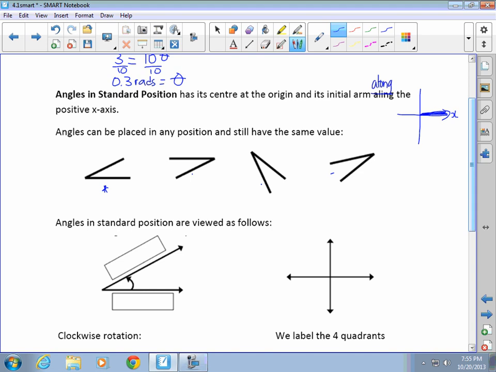An angle in standard position is viewed as the following. This side here is called the terminal arm. That's where the angle ends, terminal, think of terminal as an endpoint. This bottom one is your initial arm. It's where we start, and that's where we end.